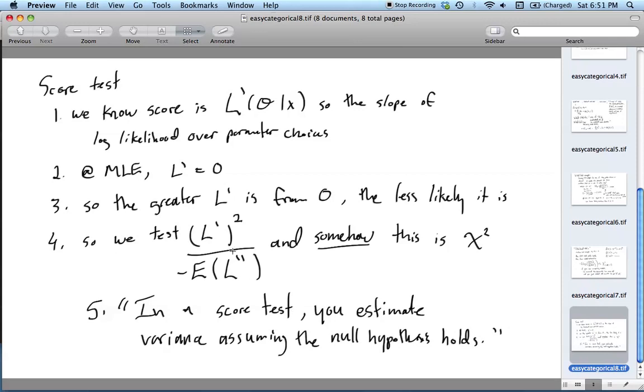I'm going to leave it at that because honestly, I spent 4 hours today trying to come up with a concrete example for a simple case, like a binomial, like 10 coin flips or something, to try to work through this, and I could never figure out how to get the expected value of what I was computing here.